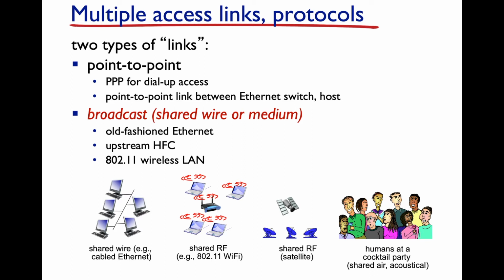Now, the other type is broadcast-based. They're shared wire, or some other medium, like the wireless airwaves. Old-fashioned Ethernet was broadcast-based, upstream hybrid fiber coax for sending data from the home to the internet was broadcast-based, and the 802.11 IEEE standard, which is wireless local area networking, is also broadcast-based.